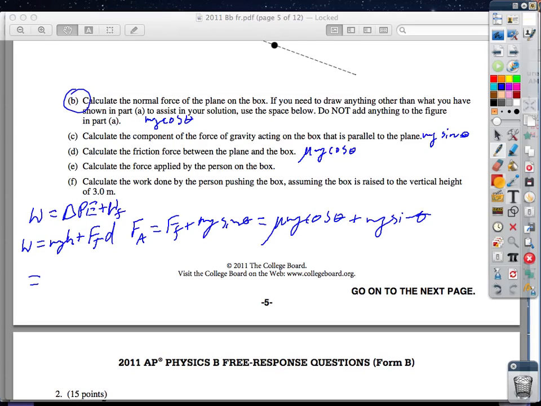And of course, I don't think they give us the distance. I think it just gives the height and angle, right? So then it's mgh plus mu mg cos theta, and then d should be h over sine theta.